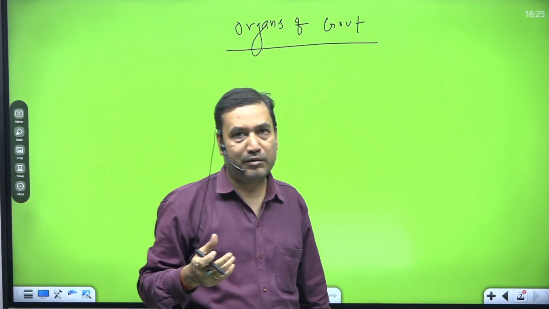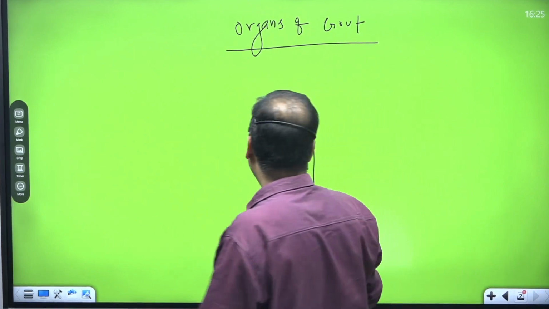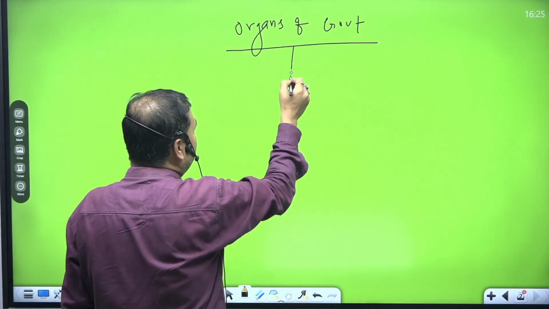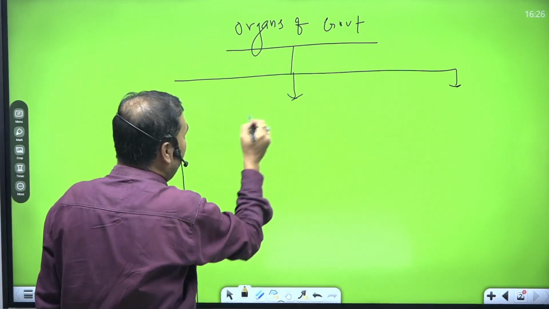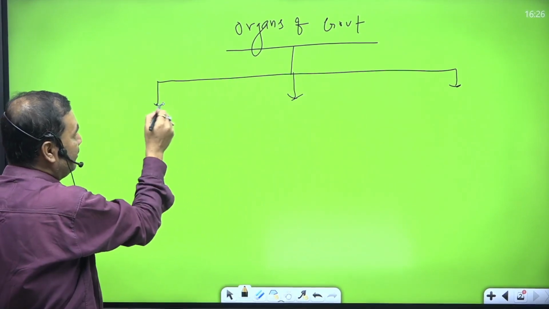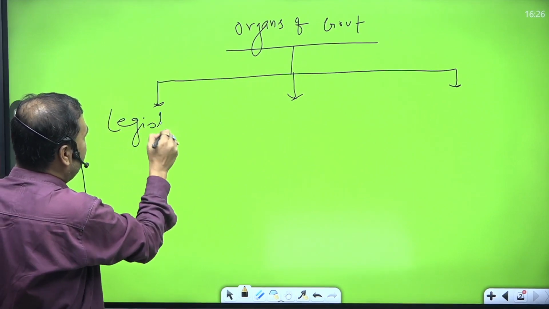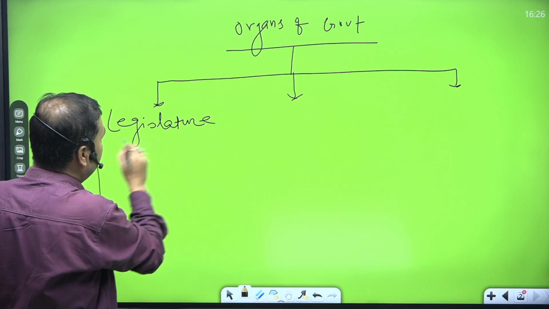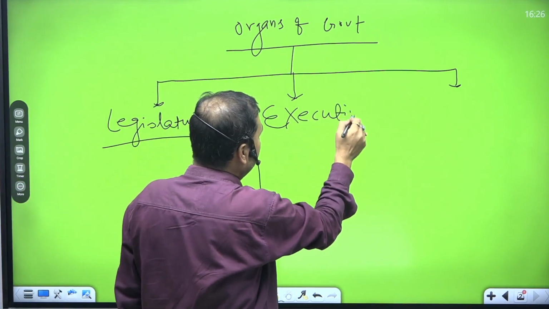Anybody? Tell me, how many organs of the government? There are 3 organs of the government. First, legislature. Second, executive.